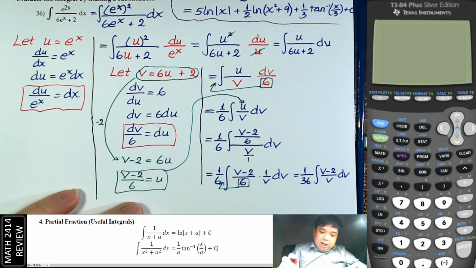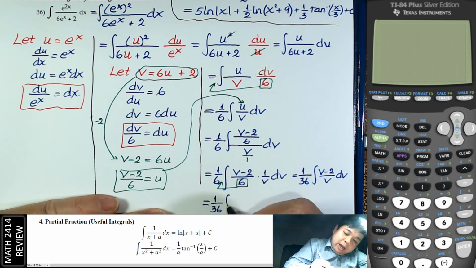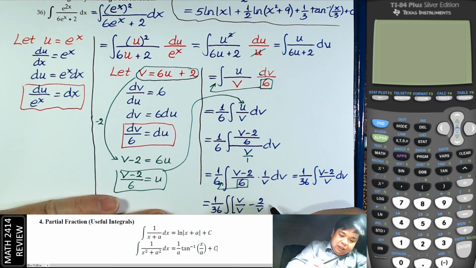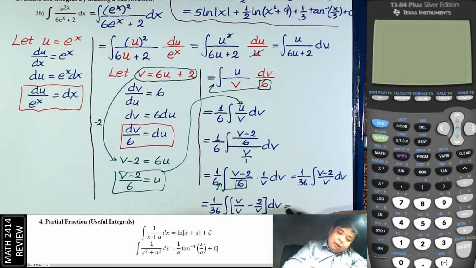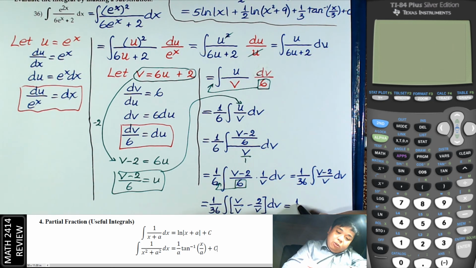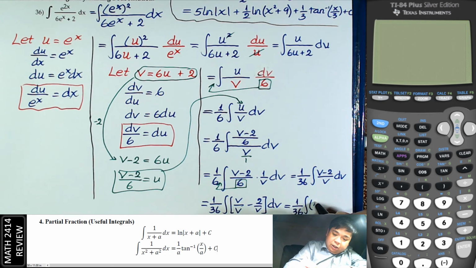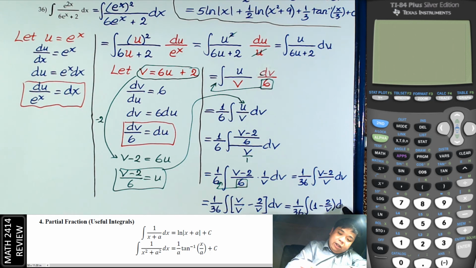But the last one will be easy. I will split this into v over v minus 2 over v. So that gives us 1 over 36 integral of 1 minus 2 over v dv.